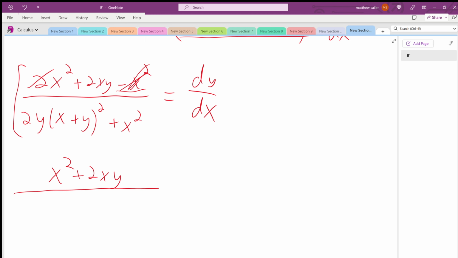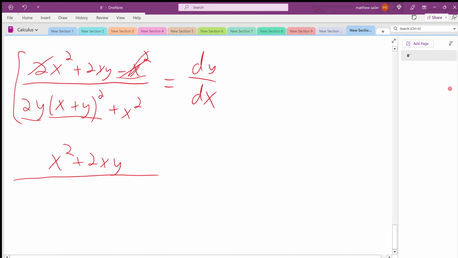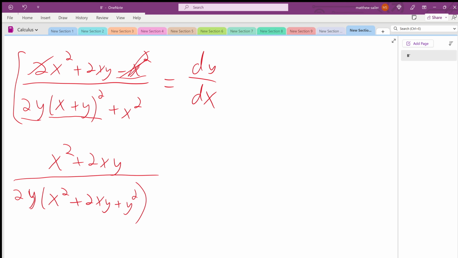On the bottom, I'm also going to expand this out and multiply it out with the 2y. So we get 2y times, we're going to FOIL the x plus y squared, so we get x squared plus 2xy plus y squared, all of that multiplied by 2y and then added to x squared.